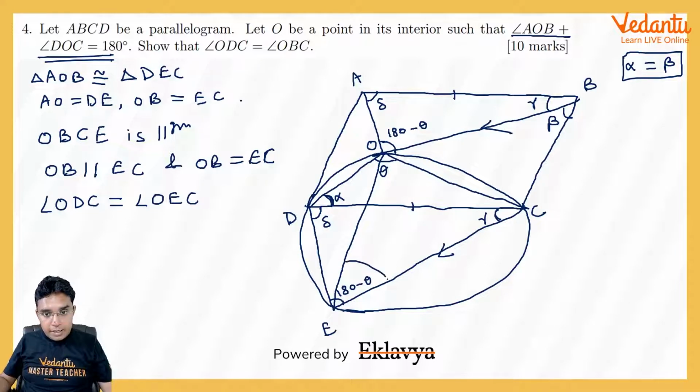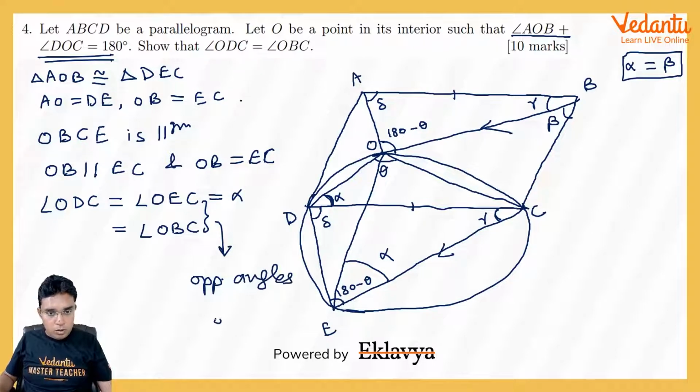So this angle we have proved as alpha, and this will be equal to angle OBC, because this OBC angle and OEC are opposite angles of a parallelogram, which are equal by property of a parallelogram. So this is equal to alpha, and hence we are done.